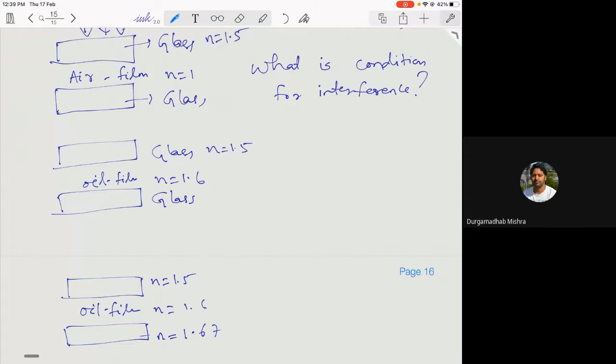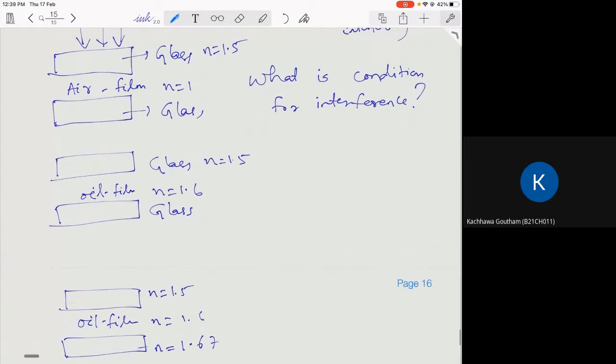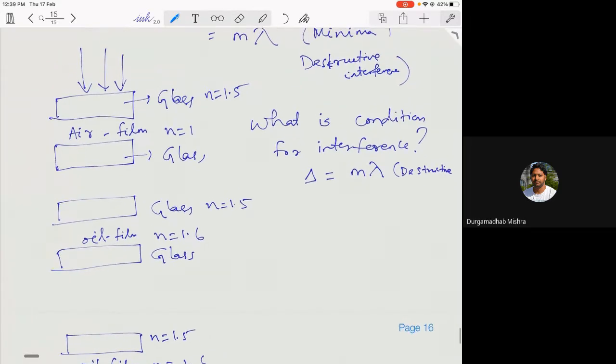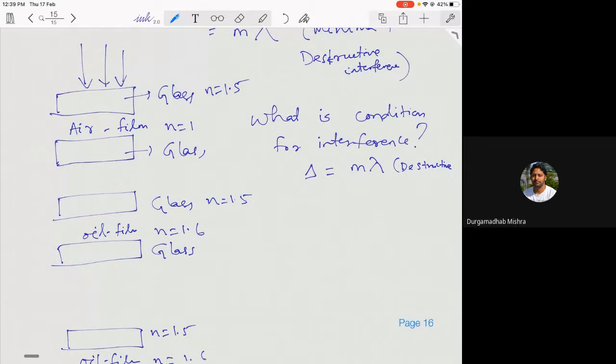So what is the condition for interference in the first one? Sir, the glass has more refractive index than air. So if I say this path difference is 2m plus 1, is it a constructive interference or a destructive one? Destructive. Okay, everyone agrees, or is it different for others?